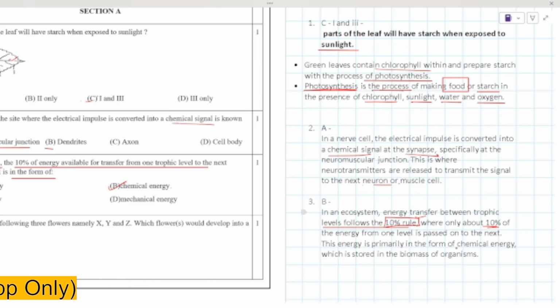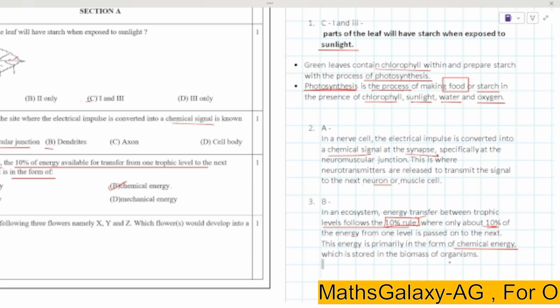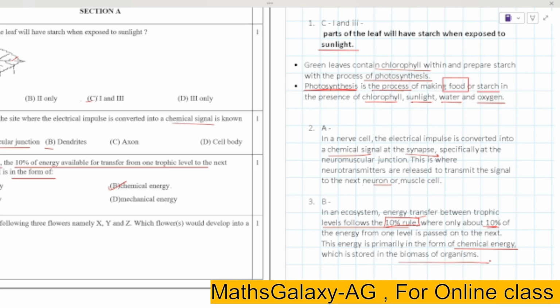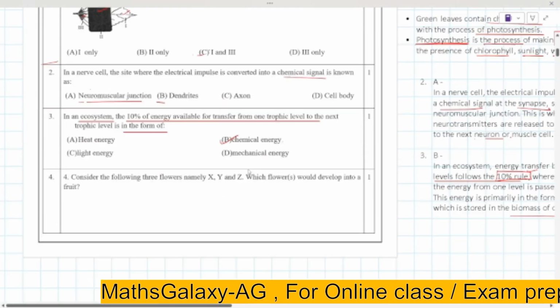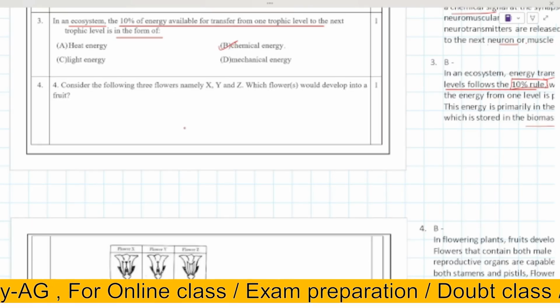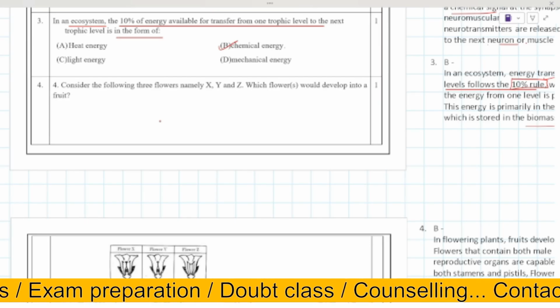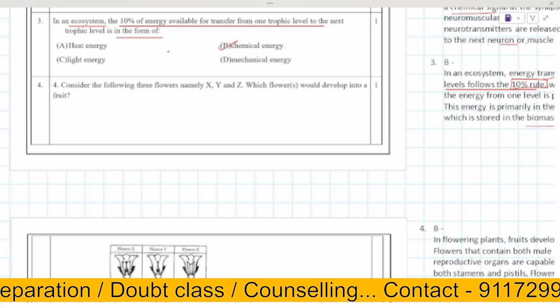Do you already know about the 10% rule? Okay. This is primarily in the form of chemical energy, which is stored in the biomass of the organism. Clear or any doubt? No doubt. Okay, good.